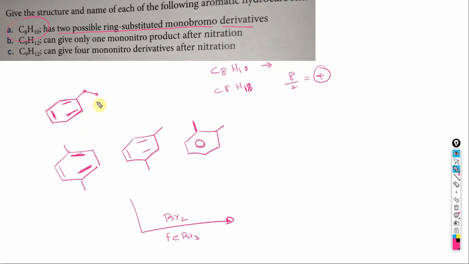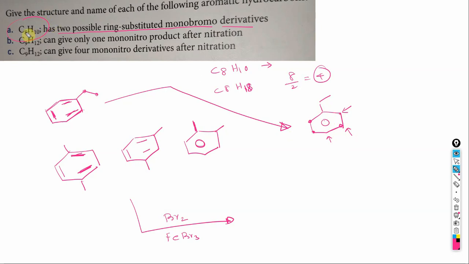But when it comes to ethyl benzene, it should give you at least 3 possible products. So when that is the ethyl group, that's 1, that's 2, and that's 3. So there are 3 possible places where you can put a bromine that will give a distinct product. This and this are the same, this and this are the same, therefore 3 possible products.